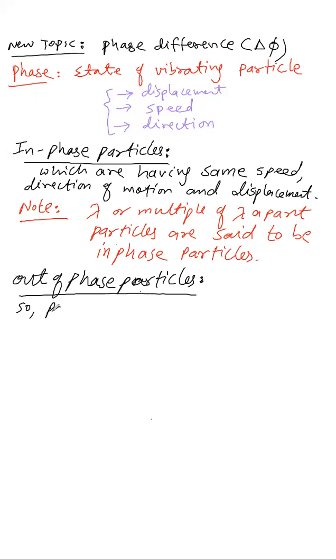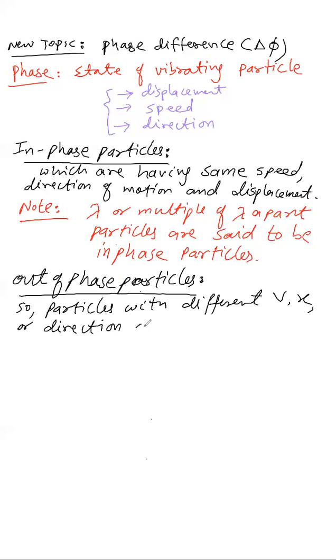So particles with different speed, displacement, or direction of motion are said to be out-of-phase particles. Okay, now let's go to phase difference, our main topic.